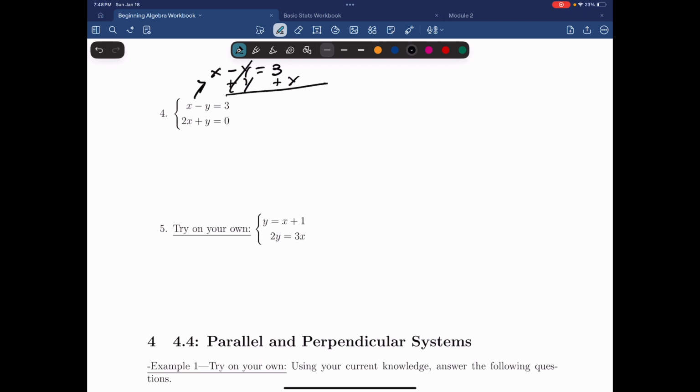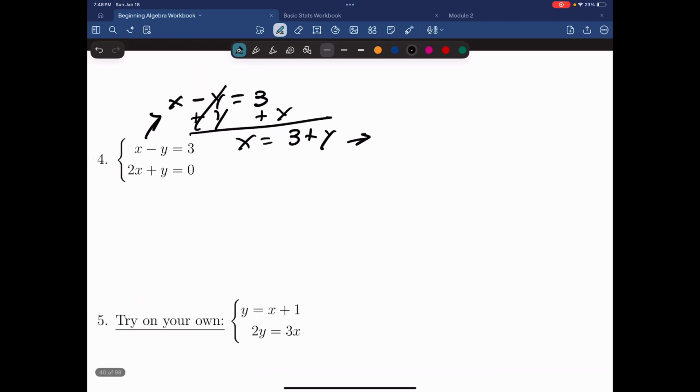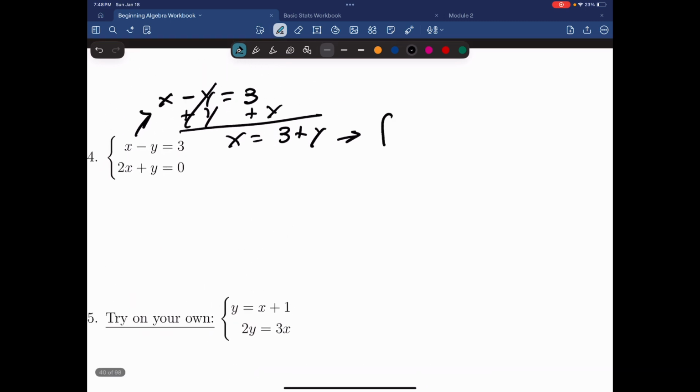So we get x equals 3 plus y. Now that we have this, I'm going to rewrite our system. I'm going to rewrite this equation as x equals 3 plus y. And then our bottom equation is going to stay the same, 2x plus y equals 0.